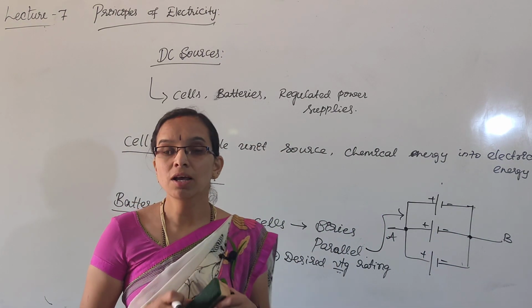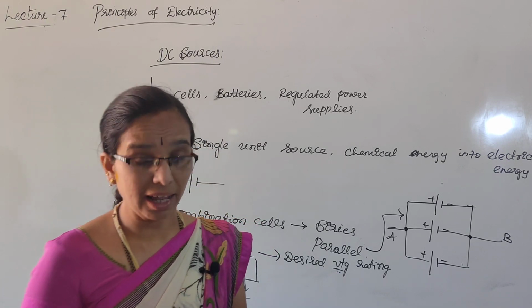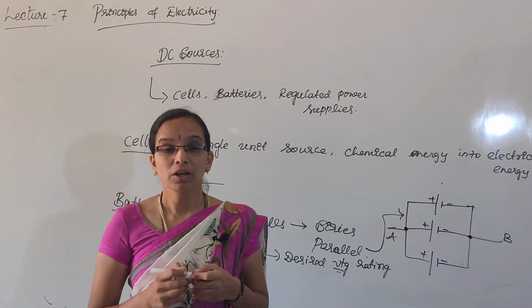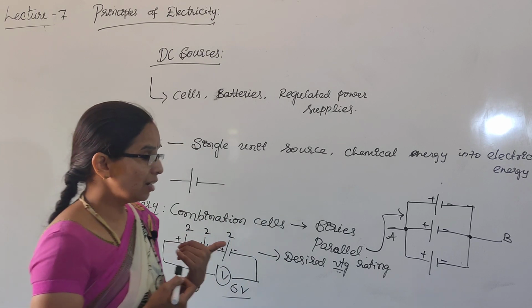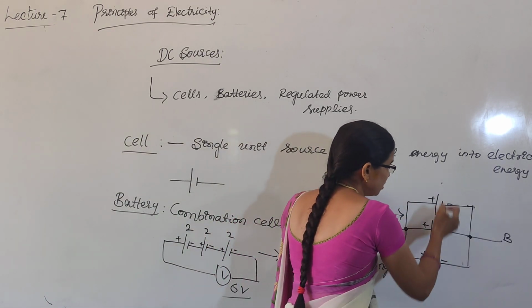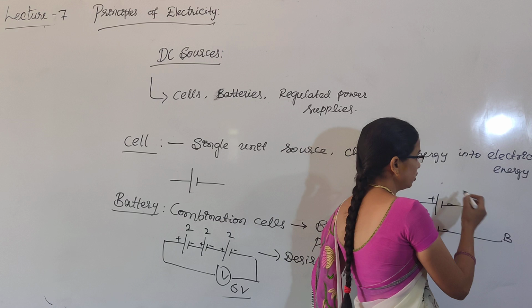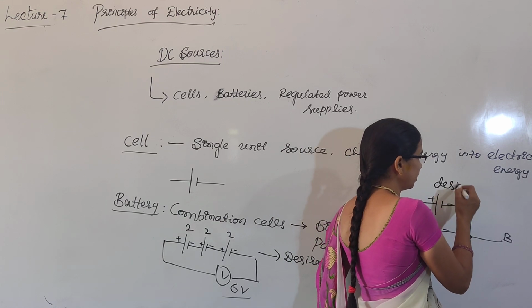That means the batteries are connected alongside each other. In parallel combination, the voltage remains the same, whereas it gives the desired current rating.